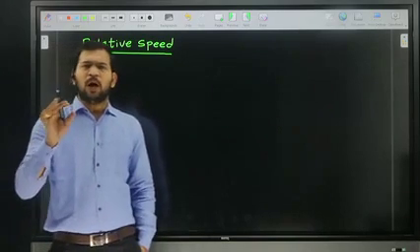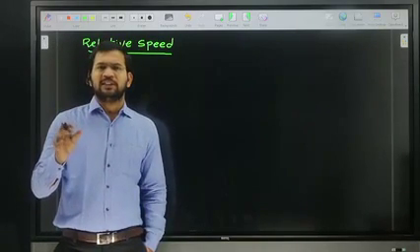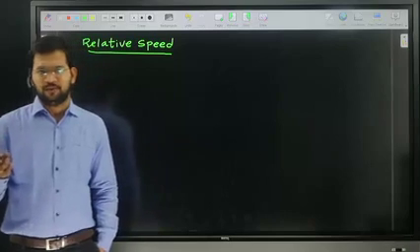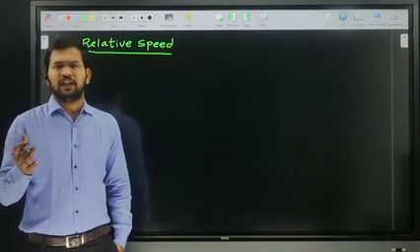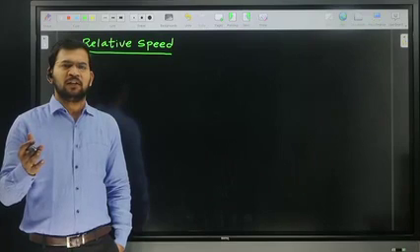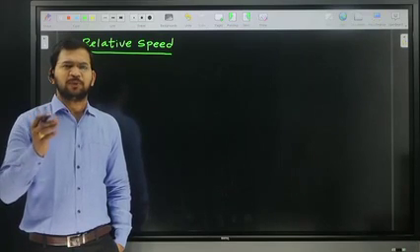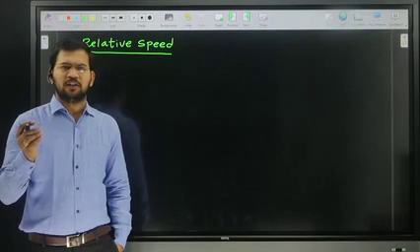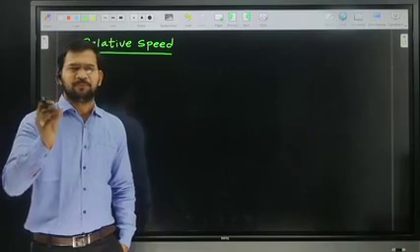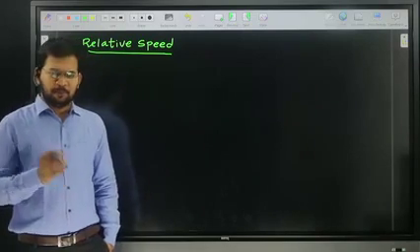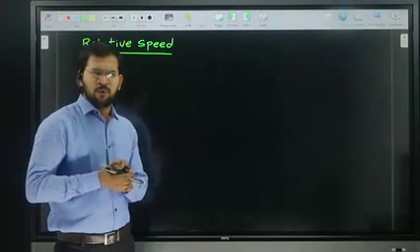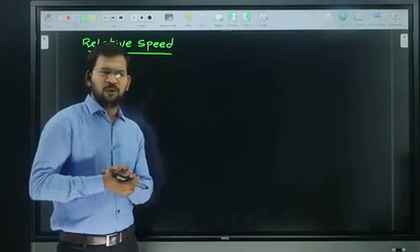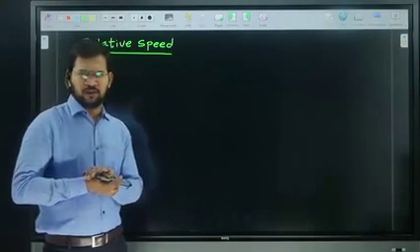Whenever two objects are in motion simultaneously, we don't know which object's speed we need to take.